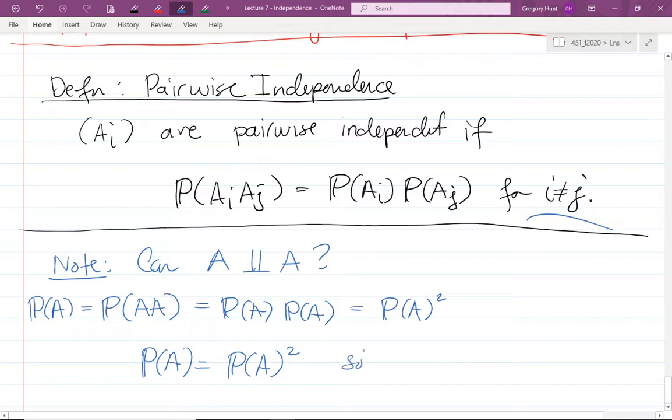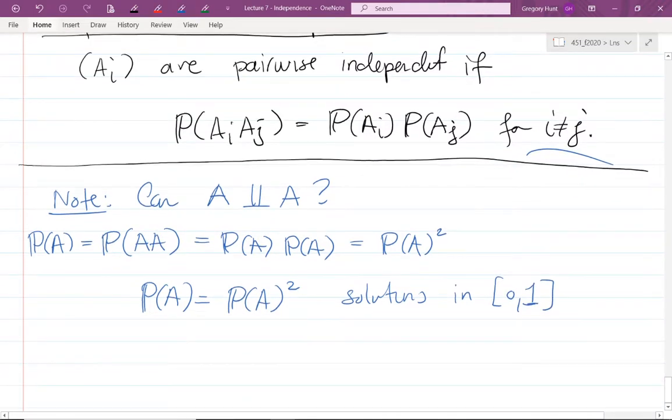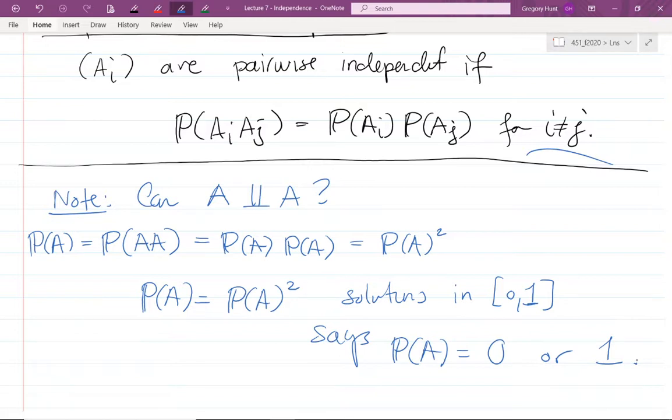And the solutions to this equation with numbers between 0 and 1 say that, well, A better either be 0 or 1, right? Because, sure, 0 squared is 0, and 1 squared is 1. So two examples are the null event is independent of itself. The whole sample space is independent of itself. Those are not the only events. Any event with probability 0 or 1 is also going to satisfy this.